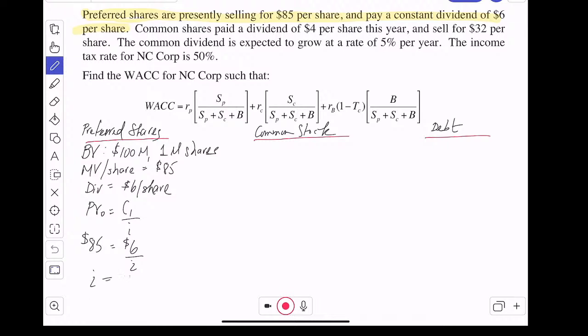So this is going to get us the return to preferred stockholders. So this is going to be 7.0588235. And you should store that. So let's store in 1.